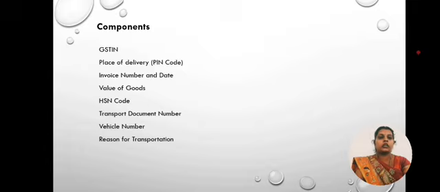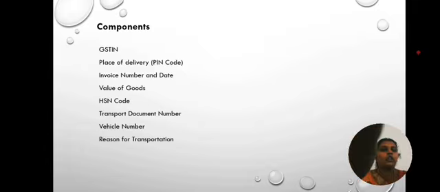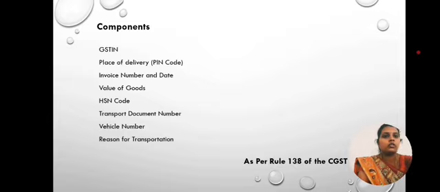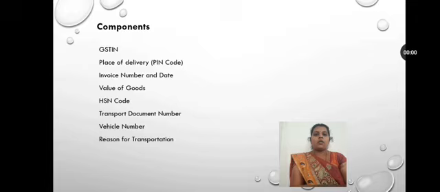Next, HSN code. This is the code given to all the goods, and it contains 6 digits, called Harmonized System of Nomenclature. After the HSN code, you give the transport document number, that is, in which vehicle you are transporting your goods.